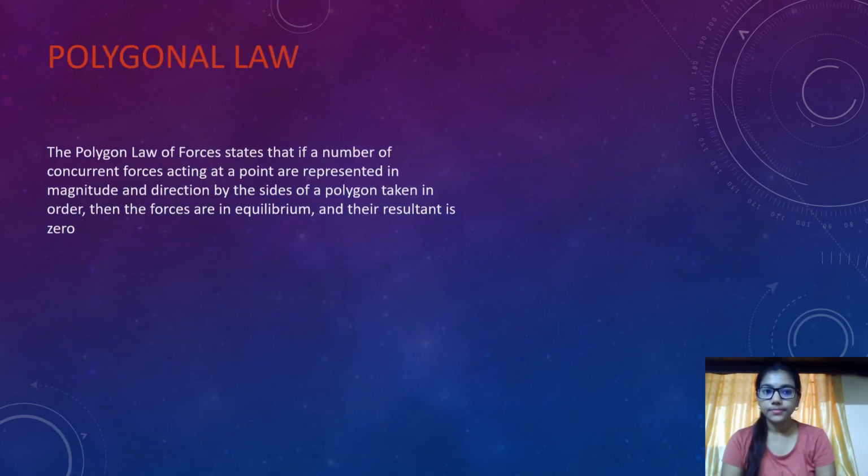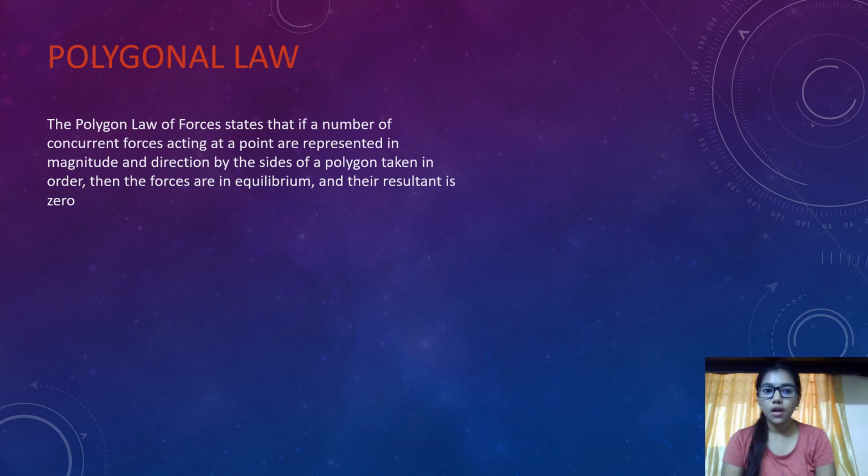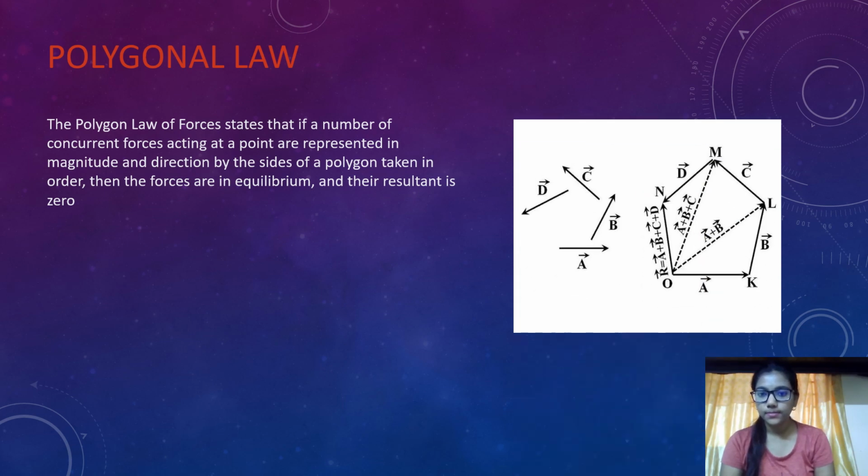Polygonal law. The polygonal law of force states that if a number of concurrent forces acting at a point are represented in magnitude and direction by the sides of a polygon taken in order, then the forces are in equilibrium and the resultant is zero.